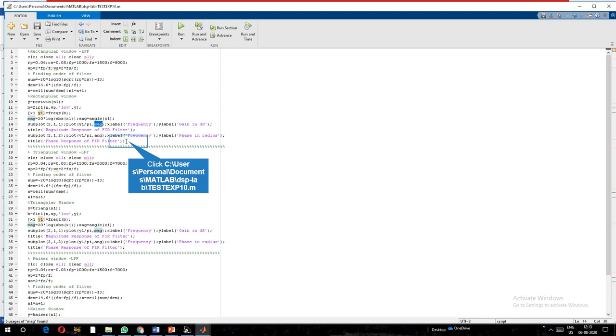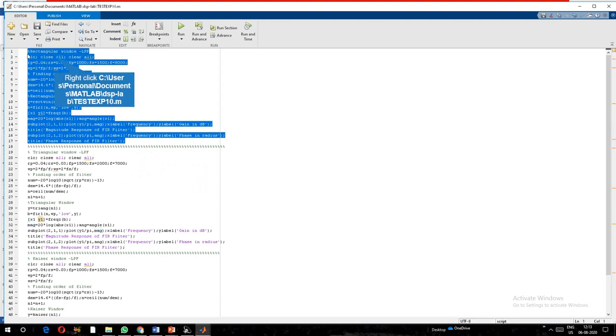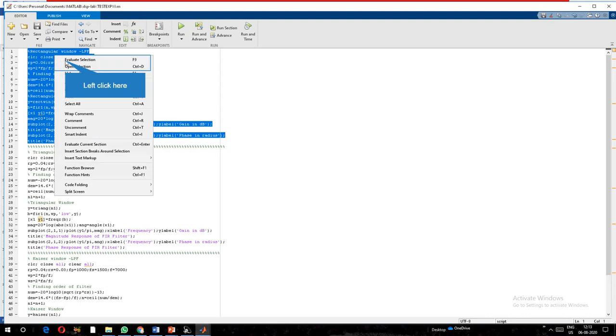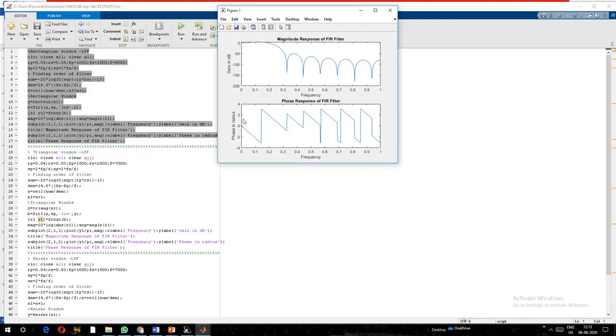Let us run the program and see the result. This program is for the rectangular window based low pass filter, and this is the result: the magnitude response of the FIR filter. This is the response we get when we are using the rectangular window.